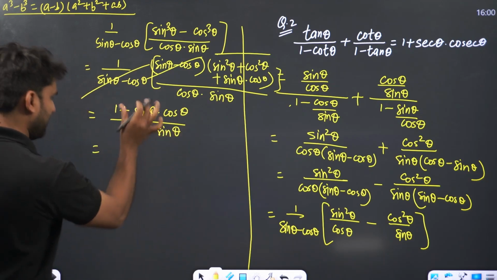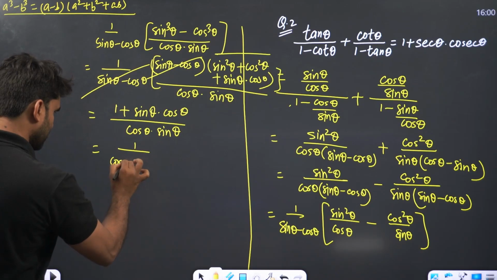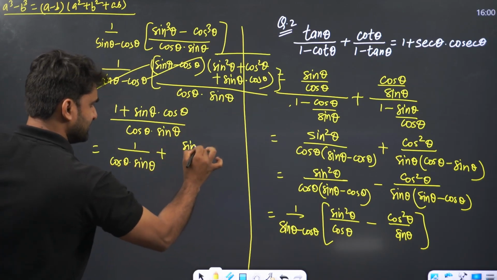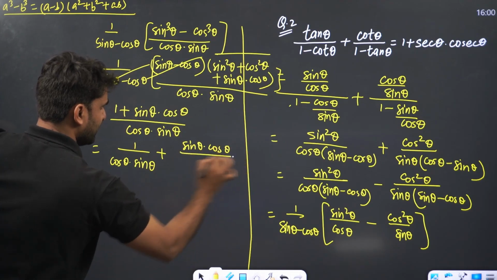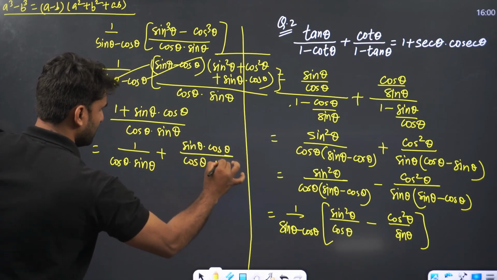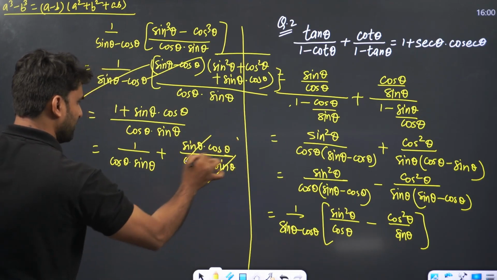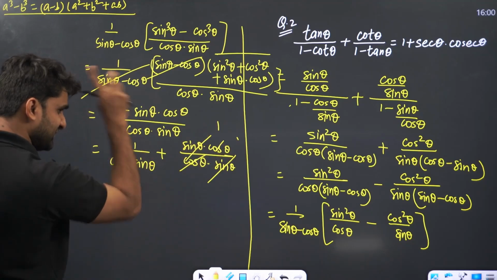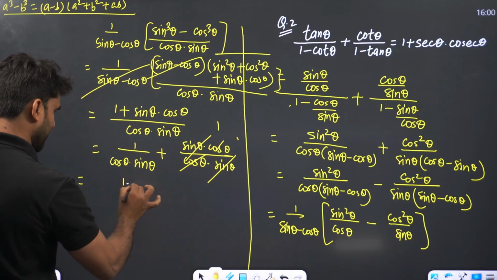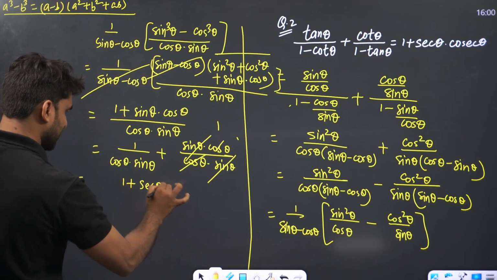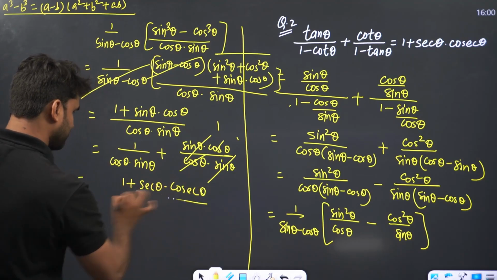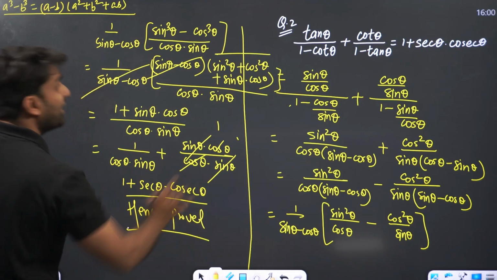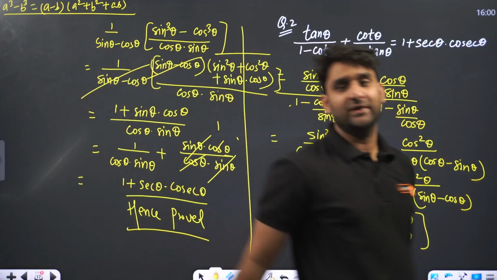We can separate it: 1 by cos theta sin theta, and sin theta cos theta divided by cos theta sin theta. Sin by sin cancels, cos cancels, we have 1, and 1 by cos is sec, 1 by sin is cosec, so we have 1 plus sec theta into cosec theta. Look at the RHS: RHS was 1 plus sec theta cosec theta, hence proved.